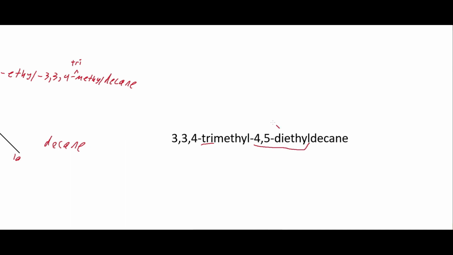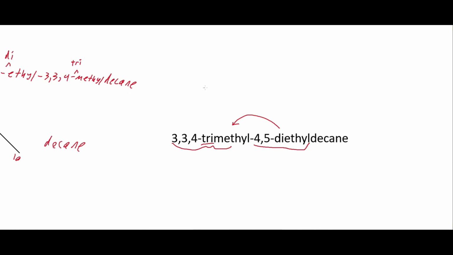If we want to switch the diethyl and the trimethyl here, that's actually something I forgot when I was naming it up here as well, as we should have had a di up there. So 3, 3, 4 trimethyl, 4, 5 diethyl decane, or you could have 4, 5 diethyl, 3, 3, 4 trimethyl decane on there. But the idea is if you see this name, you would be able to draw these structures.